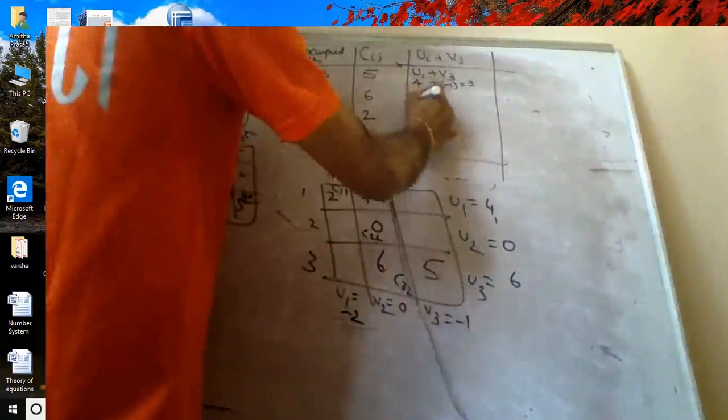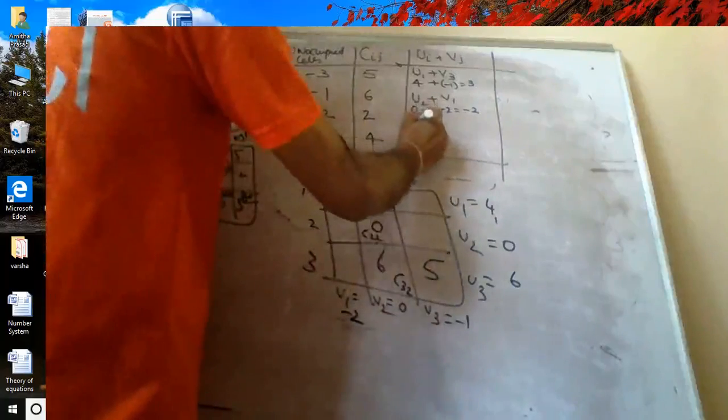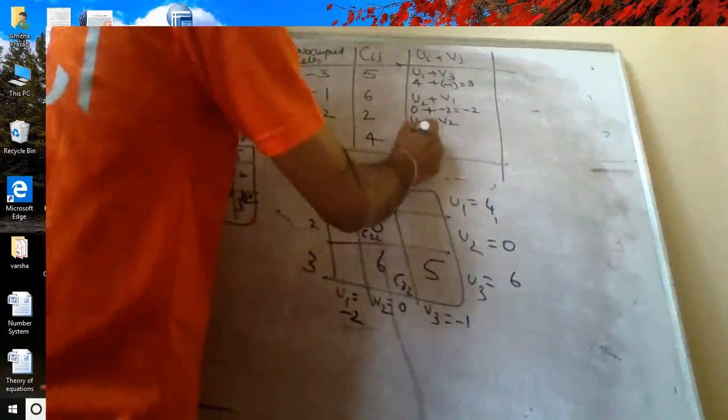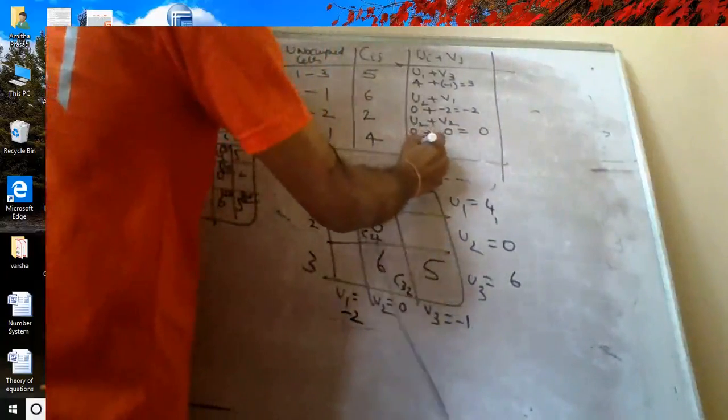Next U2 plus V1. U2 is 0, V1 is minus 2. So minus 2. Next U2 plus V2. U2 is 0 plus V2 is 0. So 0. Next U3 plus V1.